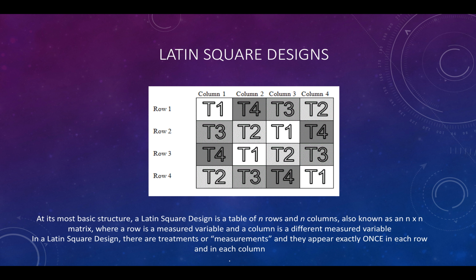This design is used so you can simultaneously control or eliminate two sources of nuisance variability. The assumption is that the three factors, the two nuisance variables and the treatments, do not interact, because if they do, you won't produce valid results.